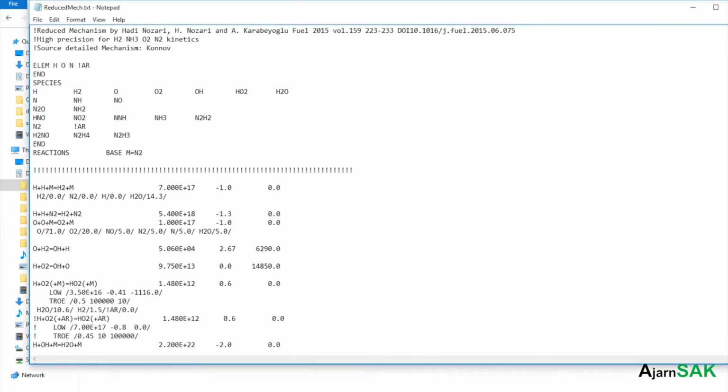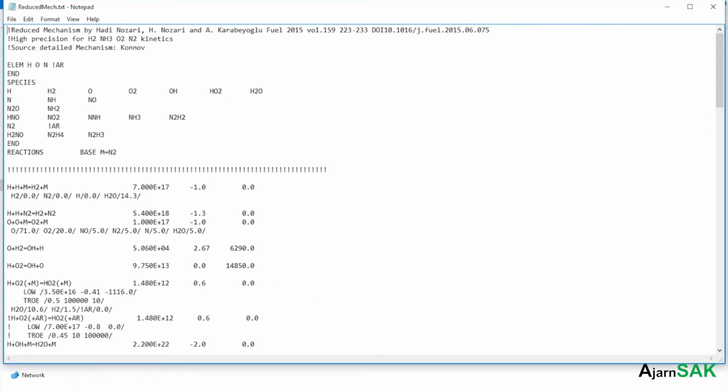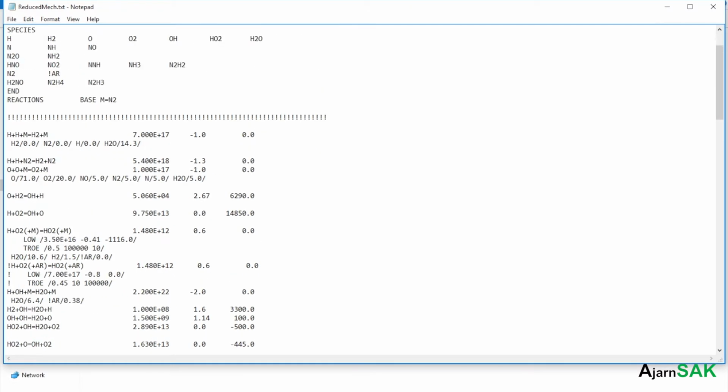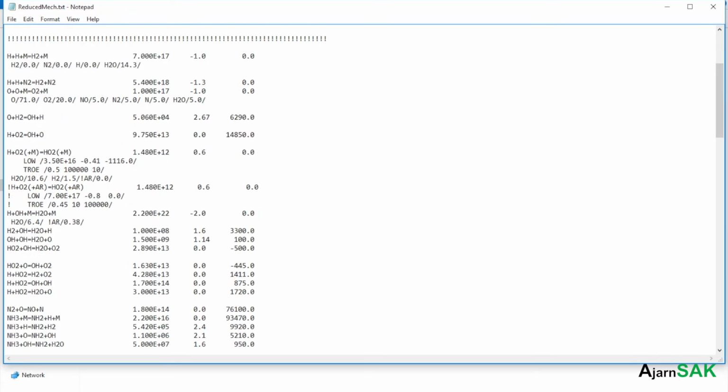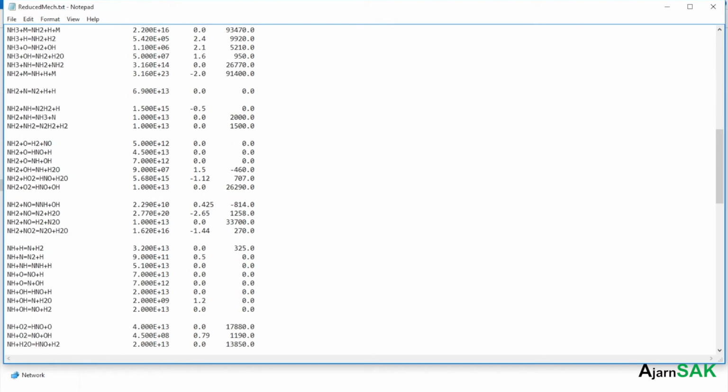When you take a look inside, you see the number 7.000 powered by 17. That comes from experiment, from calculation, and maybe was reduced by a previous researcher, which in this case I took from Dr. Hadi. I tried to take a look, but it doesn't make any sense to me anyway.